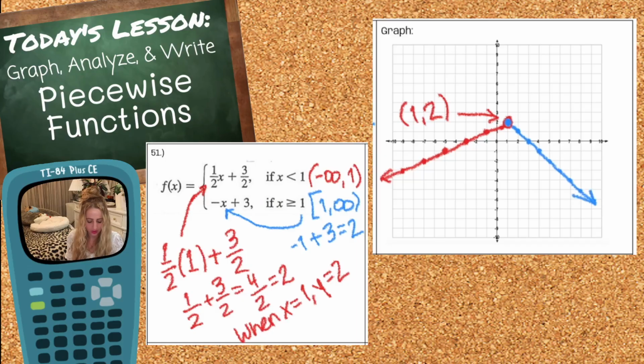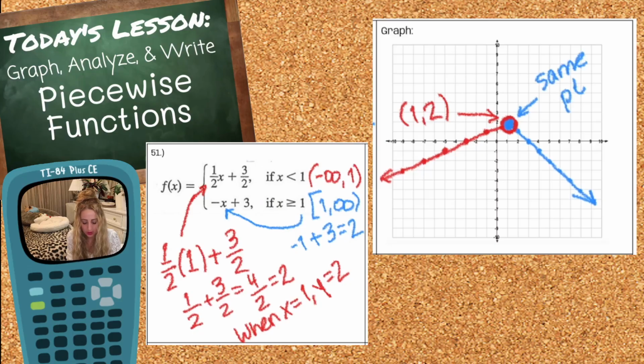The nice thing about doing it in color is you get to see that the blue one is the one that's colored in. Some of you were asking about this in class, like, how do I show that one of them is colored in and the other's not? When you're just graphing with pencil, you can't really show it. You just know it's colored in, and that's good enough. But with color here, you can see that it's the red one that's open and the blue one that is closed.